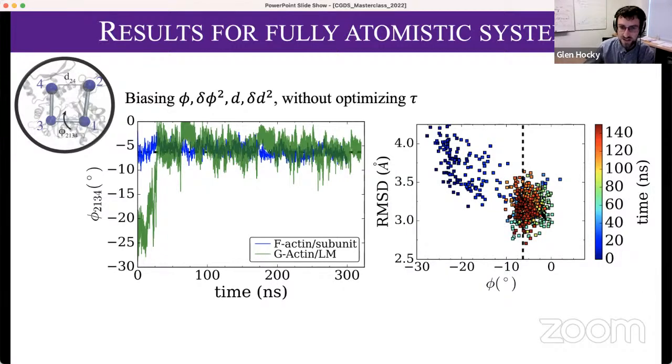So as Andrew mentioned, you bias some variables and you have to check if other variables also improve. It would be nice if this was a little bit better, but this is what we got with just biasing these coarse-grained observables. So it goes down from 5 to 3. But it turns out from my experience since then, it's a very subtle structural change that's hard to sample. So that makes sense.